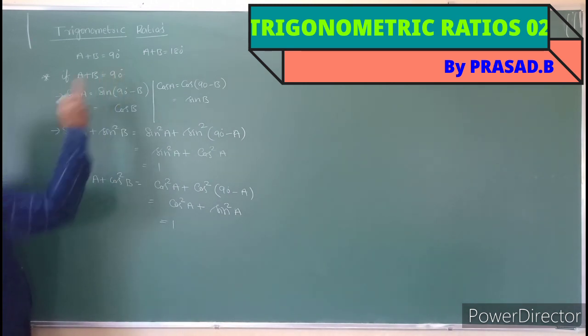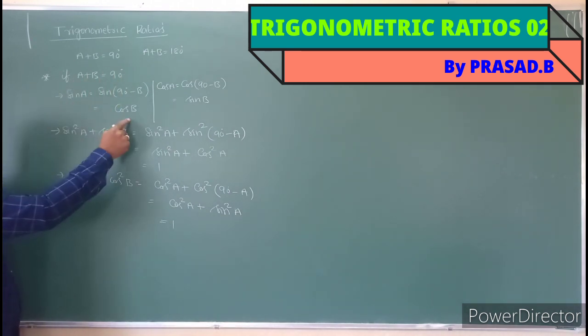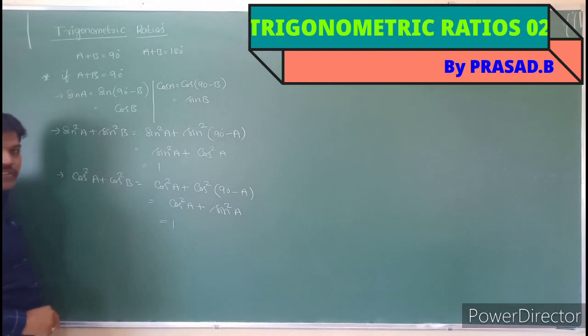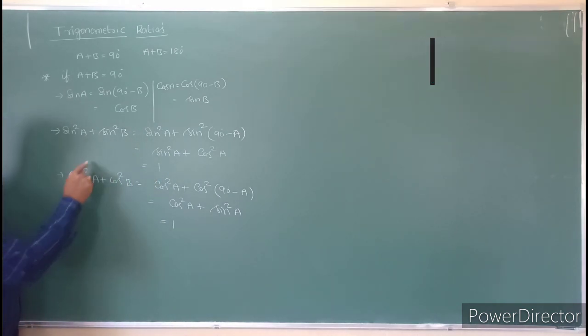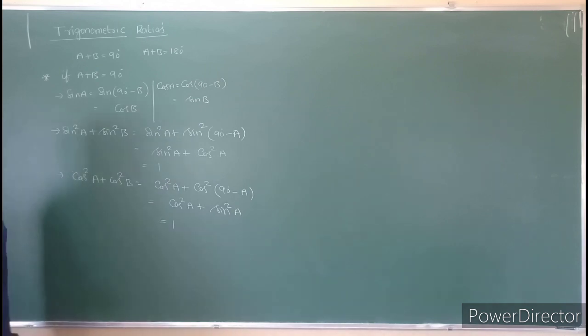So if A plus B is equal to 90, then sin A is equal to cos B, and cos A is equal to sin B. Sin square A plus sin square B is equal to 1. Next, cos square A plus cos square B value is also equal to 1.